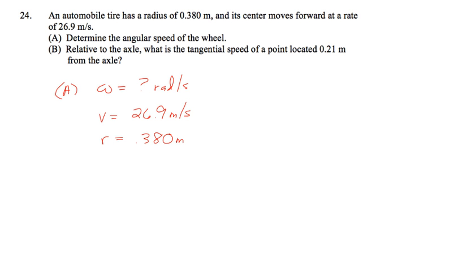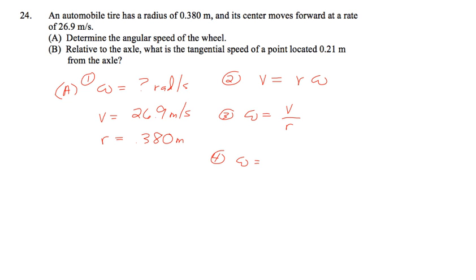Step two would be to then write the appropriate equation that's going to help us solve here, and that's the one that allows us to go from either translational variables to angular variables, and that's V equals R omega. And so the omega is the unknown, so rearrange this to solve for omega, and it's going to be V divided by R.